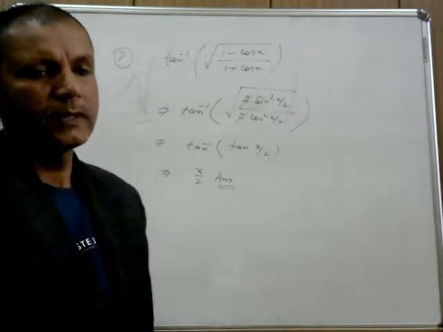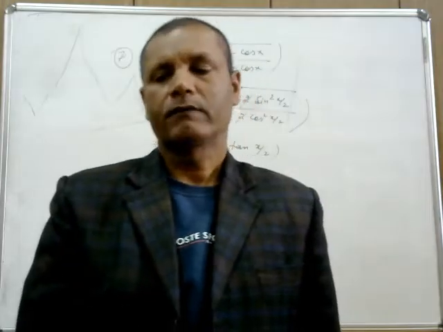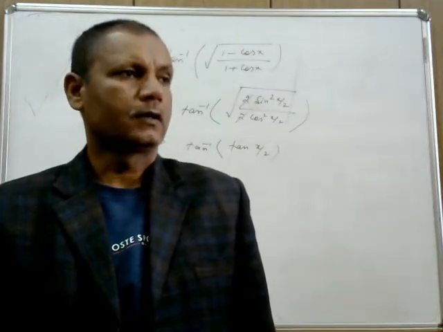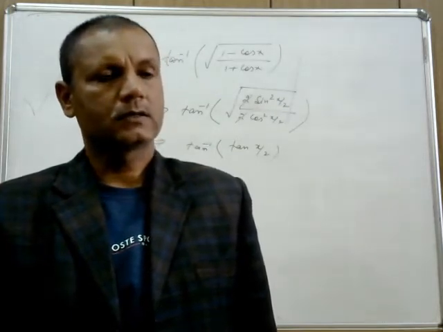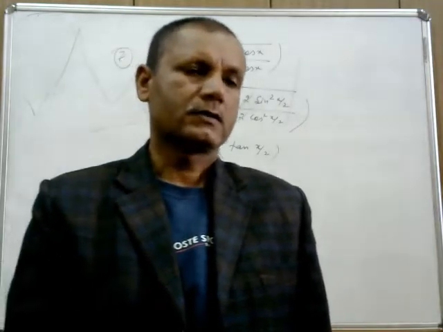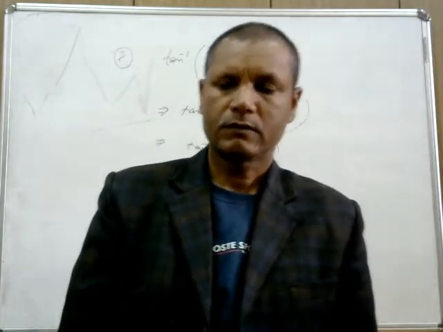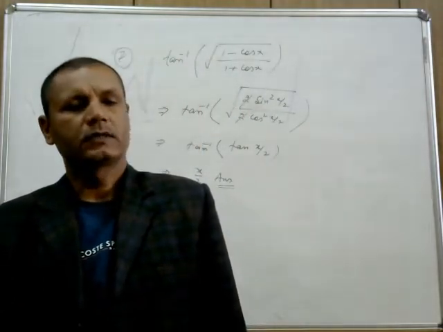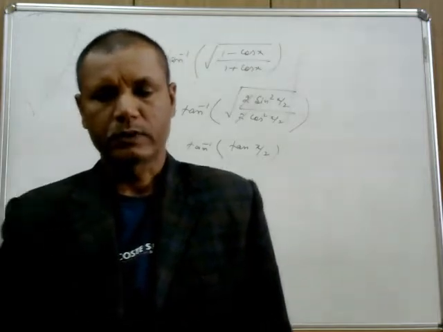That's why it is very important to remember that formula, half angle formula, cos 2 theta in terms of cos theta and sin theta, cos 2 theta in terms of tan theta, sin 2 theta in terms of sin theta and cos theta, and sin 2 theta in terms of tan theta. It's very important to remember.